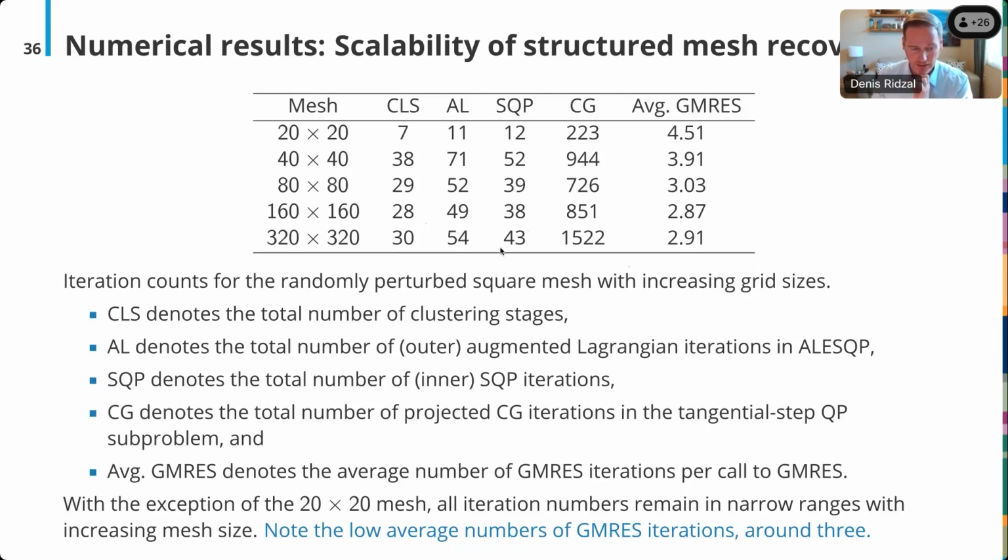And then also this average number of GMRes iterations goes down actually to roughly 3. And that has to do with this perturbation of the identity by discrete Laplacian. And so that's good to observe.